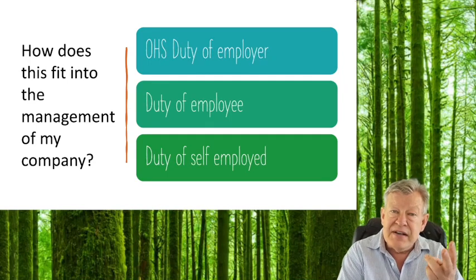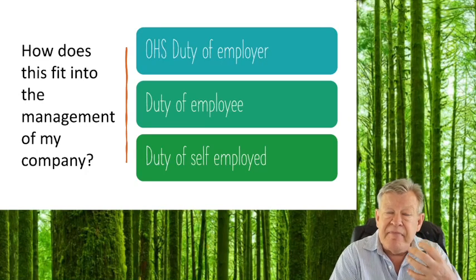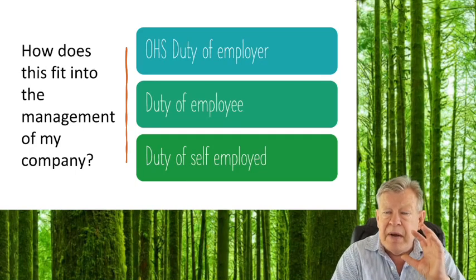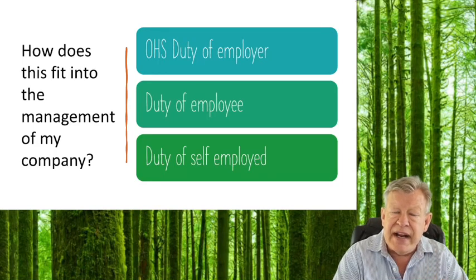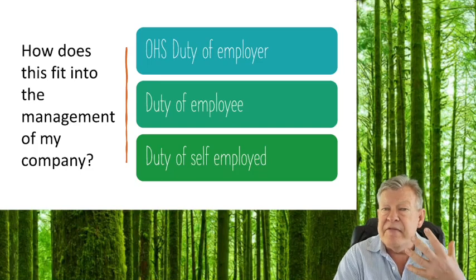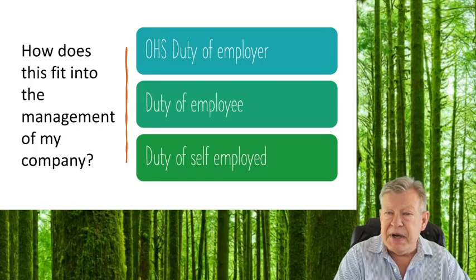You must train your people in your organization, and you must enable them to apply these controls so that they do not inadvertently hurt themselves. So people have to be informed, and you have to enable them to protect themselves and others. So that's the first key responsibility of an employer.